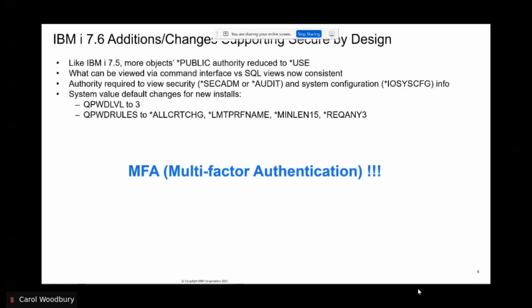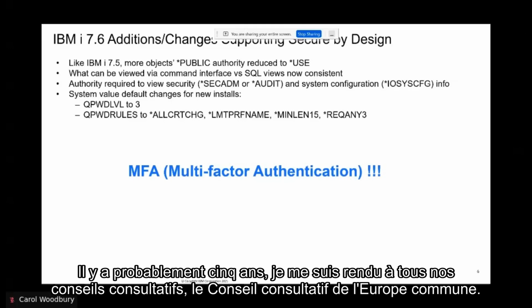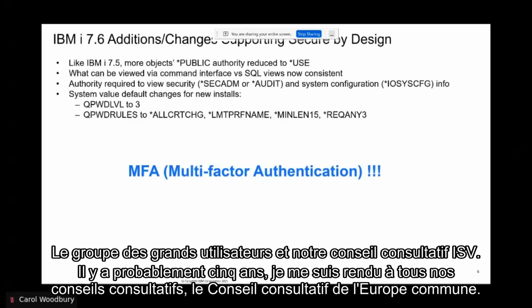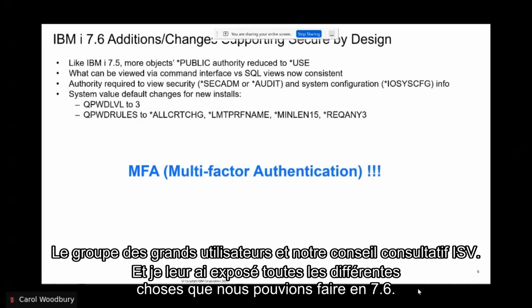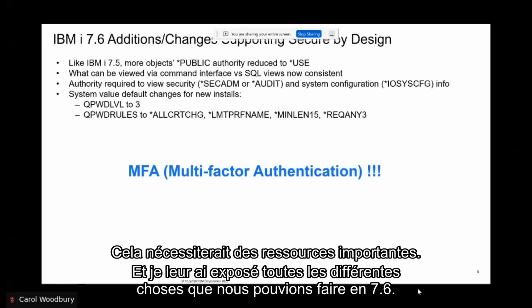Probably 5 years ago now, I went to all of our advisory councils, the Common Europe Advisory Council, the Common America's Advisory Council, the Large Users Group, and our ISV Advisory Council, and I laid out for them all the different things we could do in 7.6 that would require significant resources.